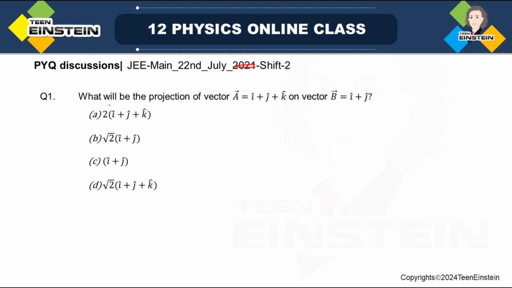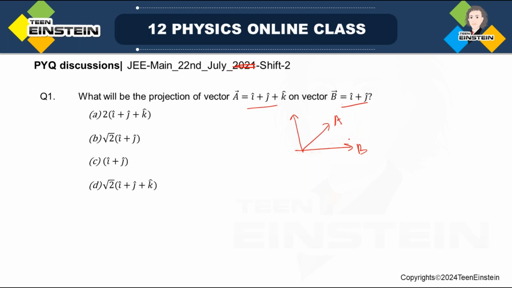This question says, what will be the projection of vector A on vector B? So first of all, if I draw this, suppose X and Y, okay, I'm just taking arbitrary vector A this way and a vector B along this way, not these vectors, okay?